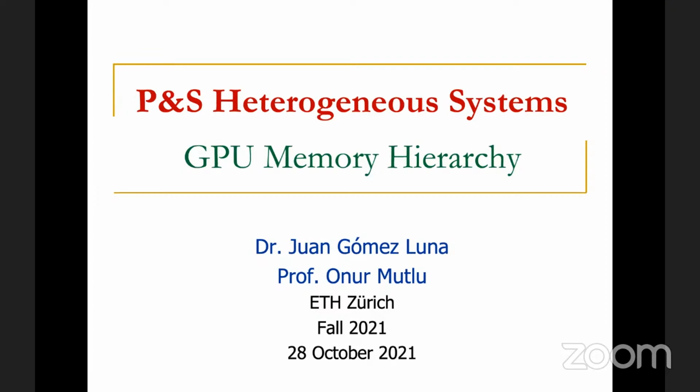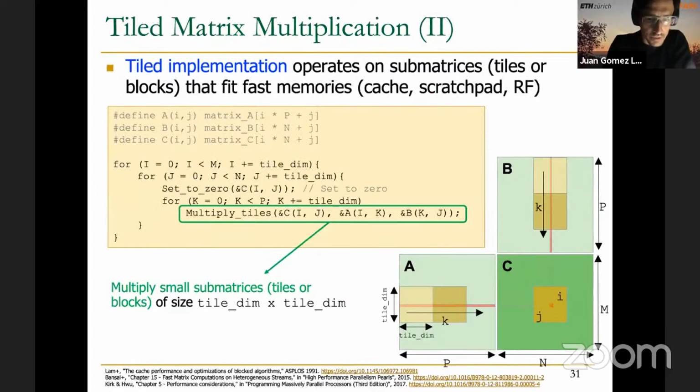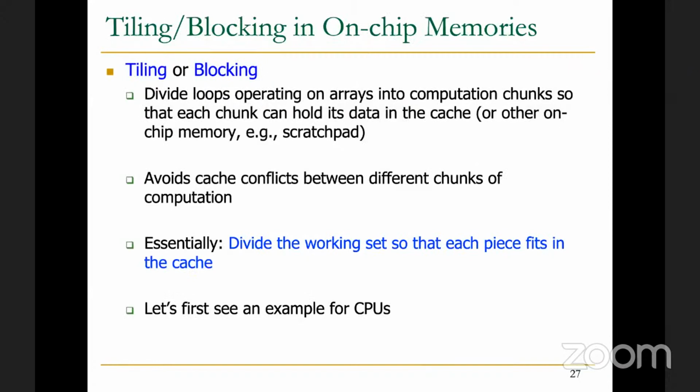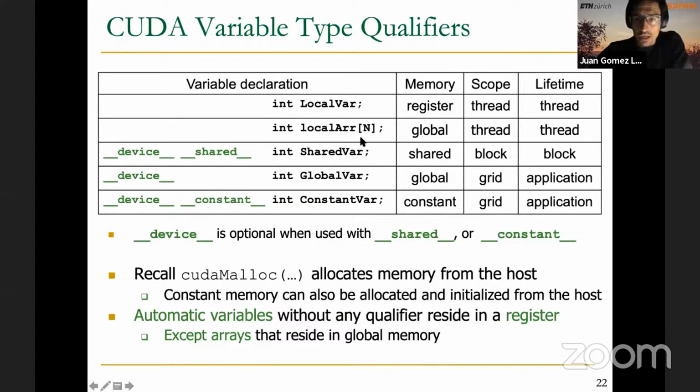I have a short question. Yeah, go ahead, please. On slide 22, in the table, the int local array. Yes. Why exactly is it in global memory? Let me go to the exact slide. You mean this local array? Exactly.